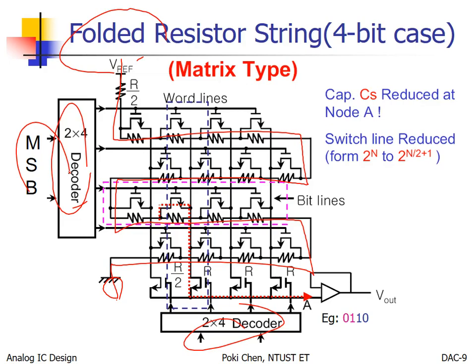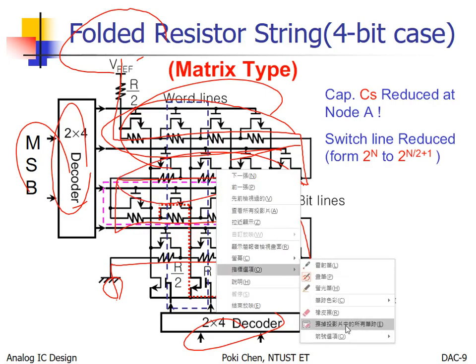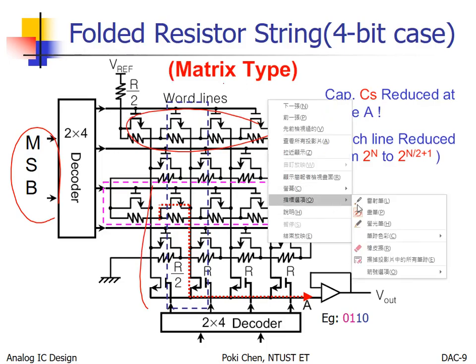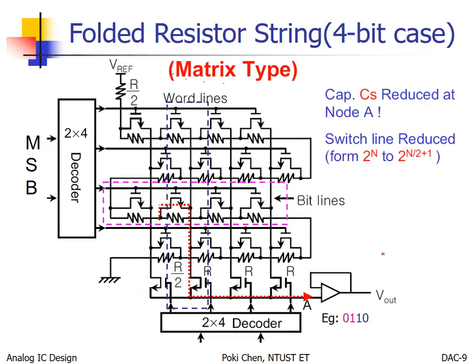And for the decoder, you have the MSB to select the proper segment. 1 segment, 2 segments. The higher input means you need to select a higher segment. For example, MSB 0, 1. What does it mean?